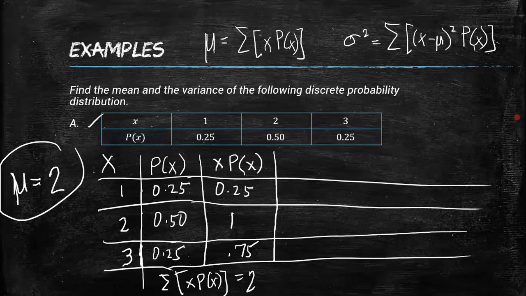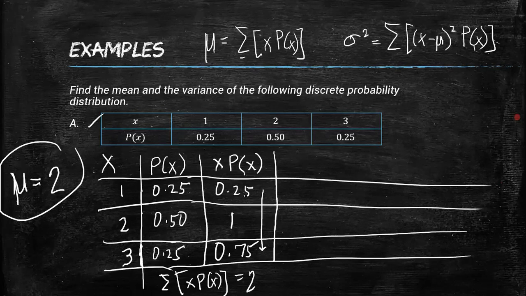Kaya 1 times 0.25 magiging 0.25. 2 times 0.50, 1. 3 times 0.25 magiging 0.75. Since this is summation of x times p of x, ipag-a-add natin lahat ng x times p of x. Saan yun? Itong nasa third column. Kaya pababa yung pag-add natin, dito na sa pinakababa niya.